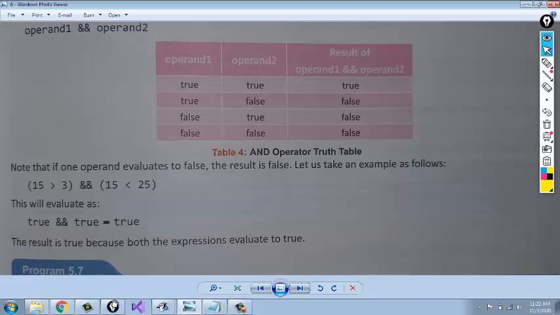Here operand 1 is false and operand 2 is true, so the result will also be false. Then if both are false, the result will be false. Here you can see in this example, if operand 1 evaluates to false and operand 2 evaluates to false, then the result of this operation will be false. But here both are true, that's why we got the result as true.